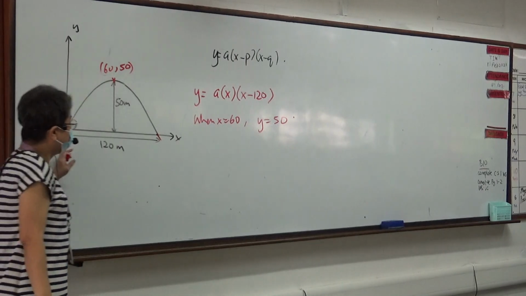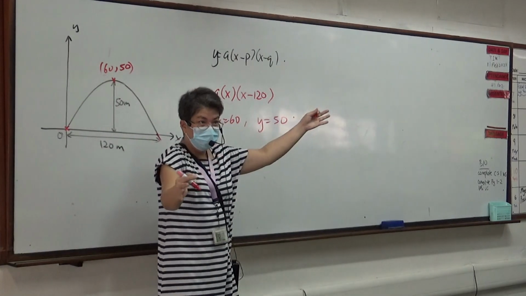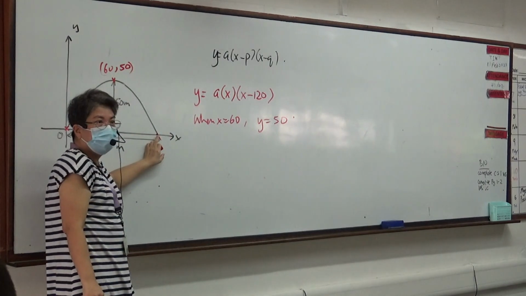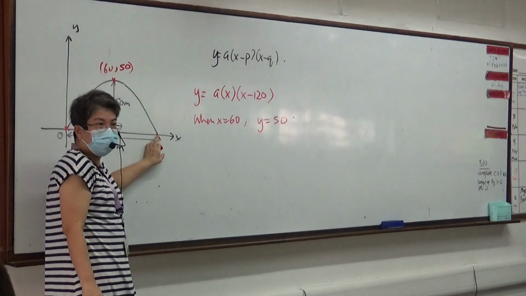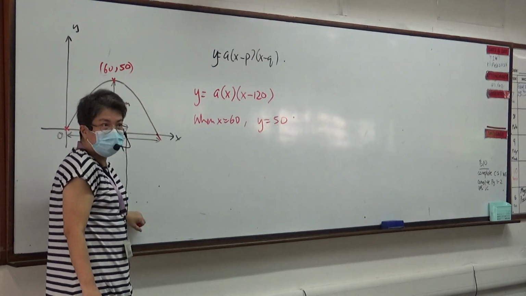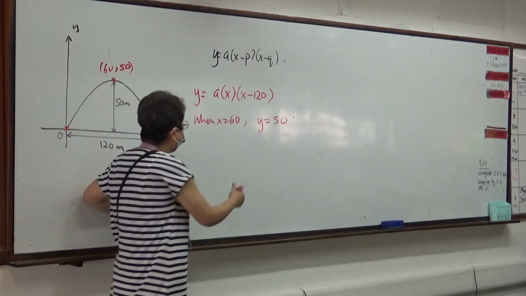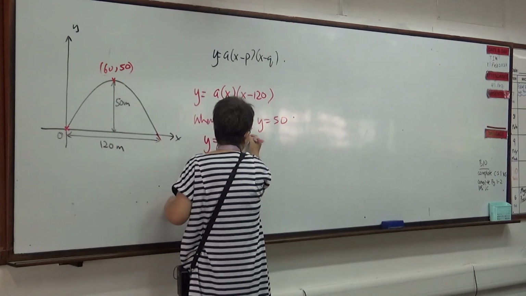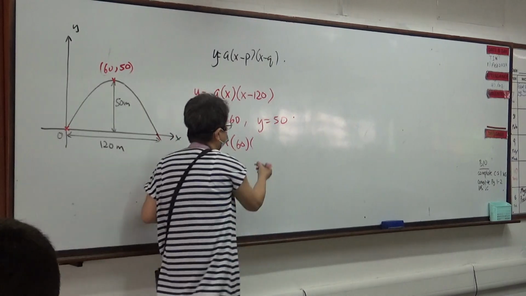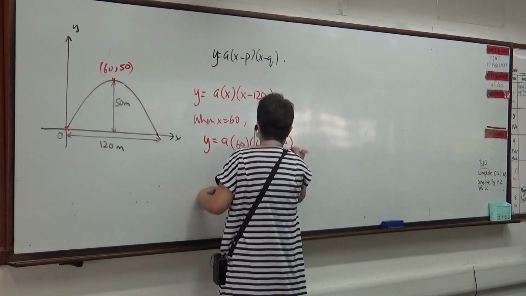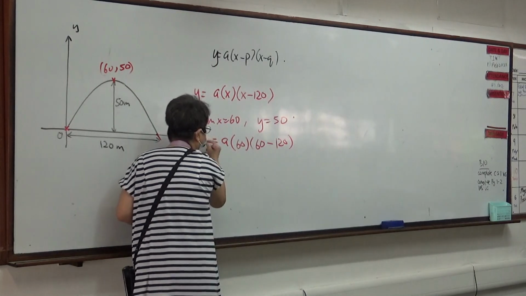This point is what? 0, 0. Don't go and substitute it, you get nothing. Understand? This point is what? 120, 0, right? Substitute also get nothing. Only this point you can use. Understand? Okay, now. So, y will be equal to a, and x is 60, into 60 minus 120, and y is 50.